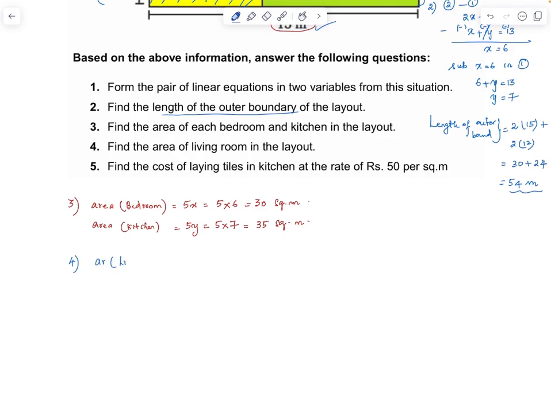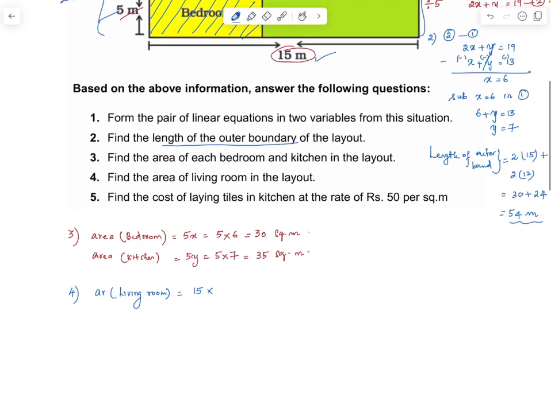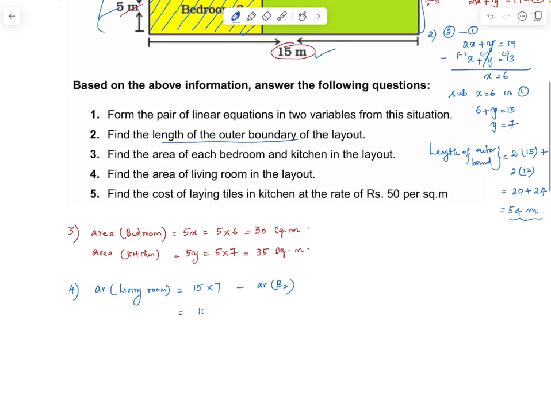Area of living room is equal to 15 times 7 minus area of that bedroom 2, which is 105, and area of bedroom 2 is 30. This gives us 75 square meter.